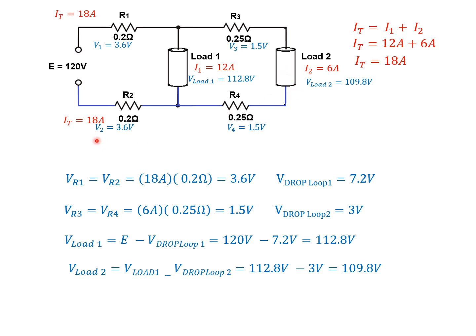You could also go around the whole outside if you wished. So 120, take away 3.6, take away 1.5, take away 1.5, take away 3.6, leaves you again with your 109.8. It's just a different way of looking at it.